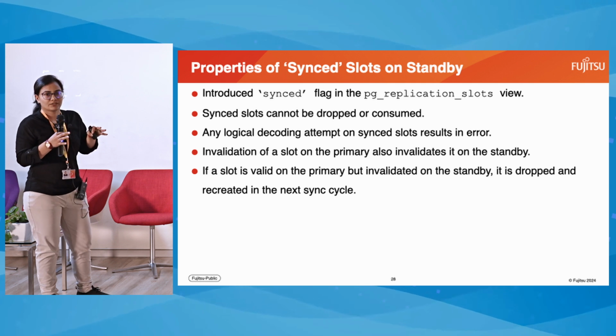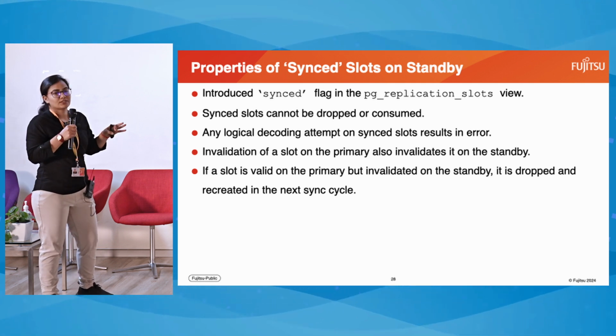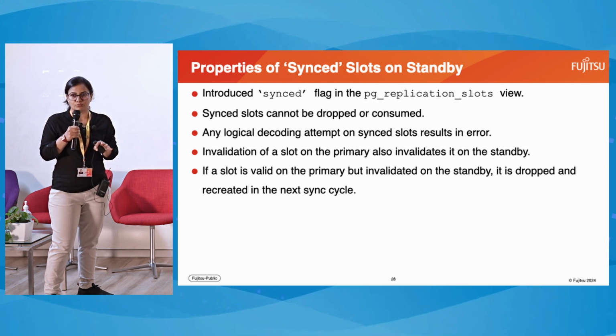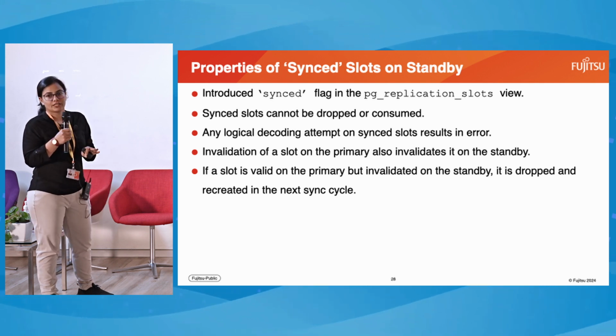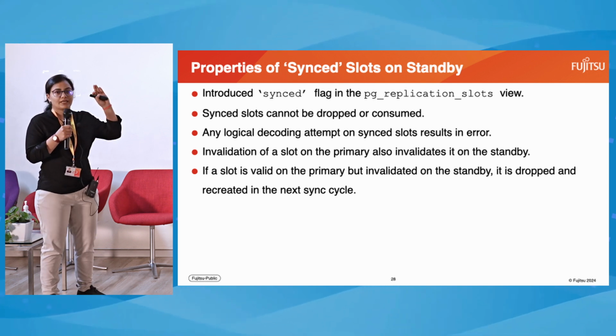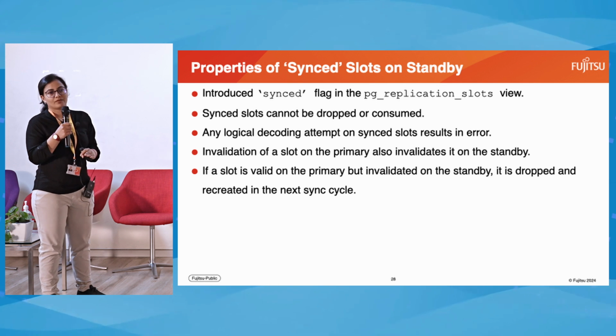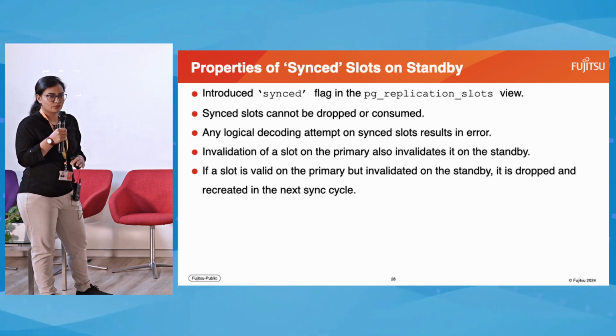For such slots, there are some rules which need to be followed. These slots cannot be dropped or consumed by the user, and no logical decoding is allowed on the synced slots. And if any invalidation happens on the primary node for a slot, the same applies to the standby node also.